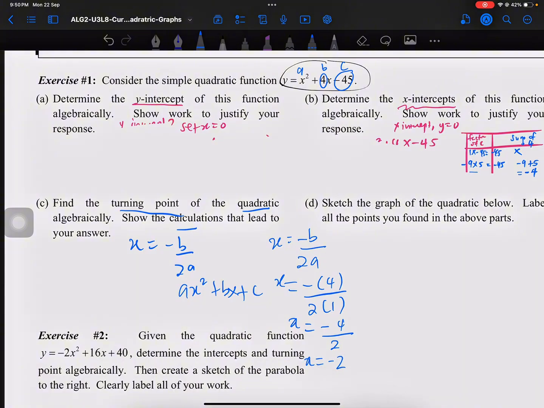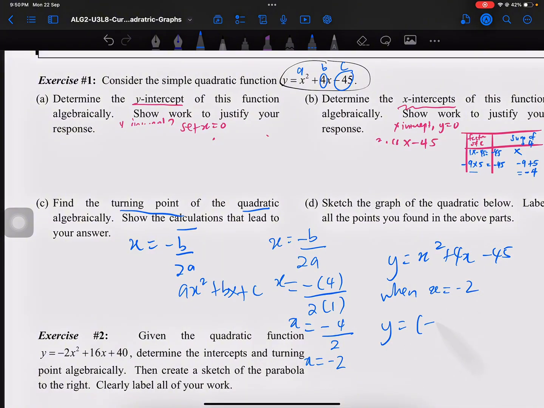But I only have my x value. What is my y? So put it back in the equation. y is equal to x squared plus 4x minus 45. When x is minus 2, what is my y?